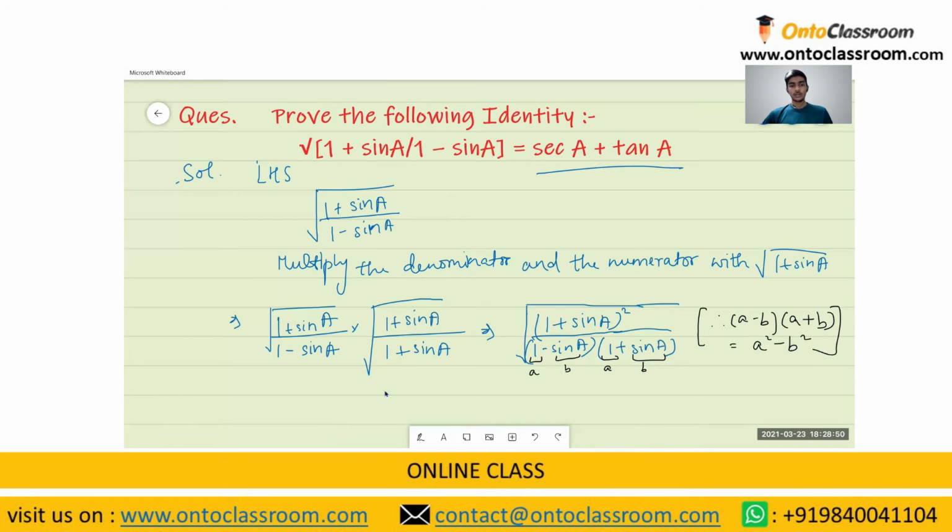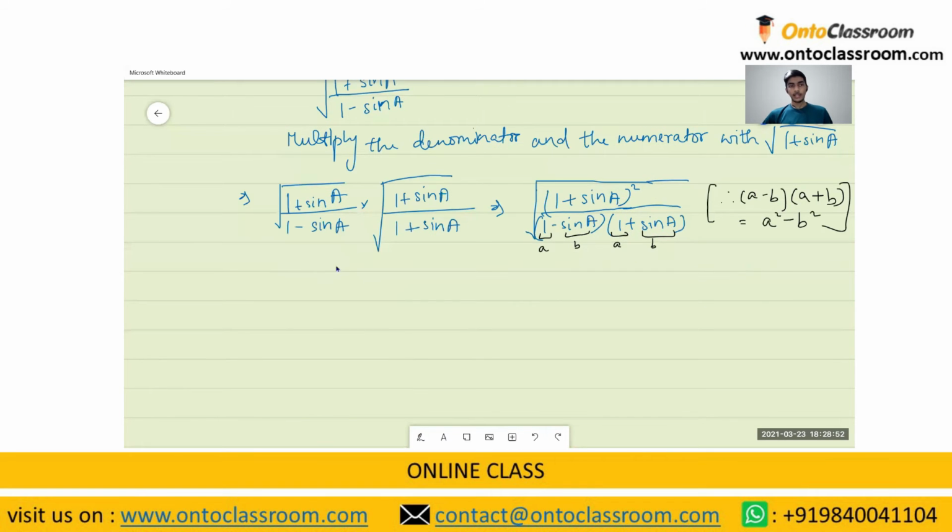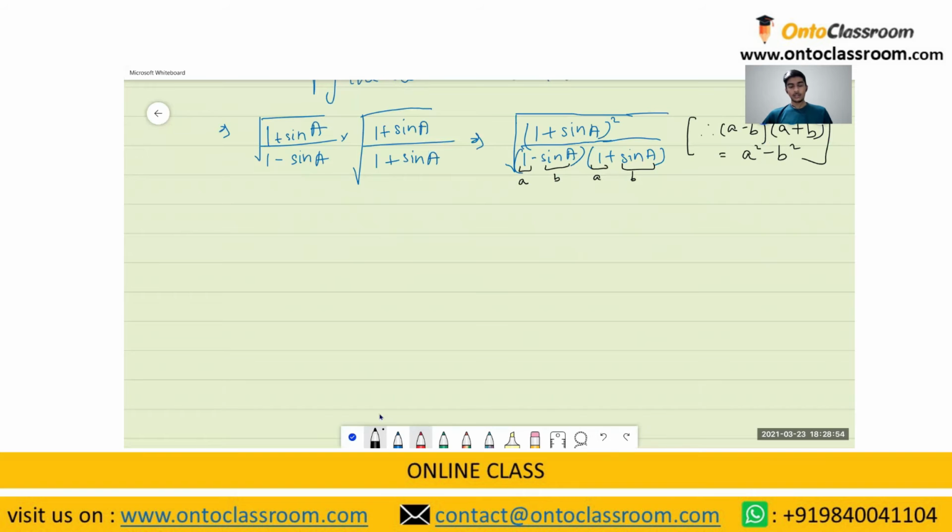When we apply this, we get under root of, sincere apologies for the handwriting, 1 plus sin A whole square will go as it is under the under root, and for the denominator we have A square, that is 1 square, minus sin A whole square.